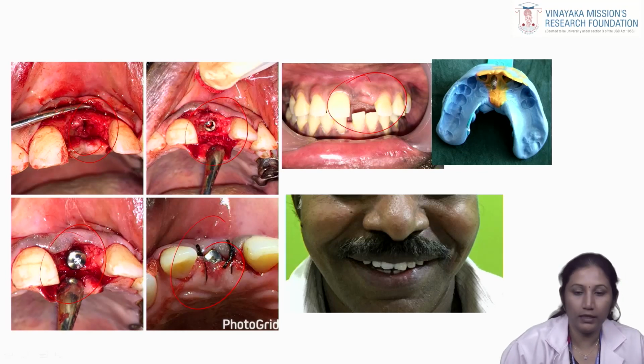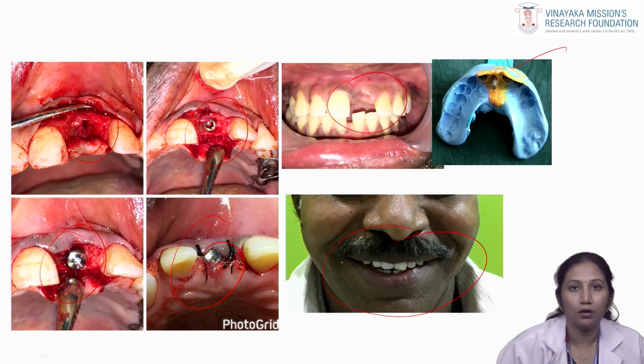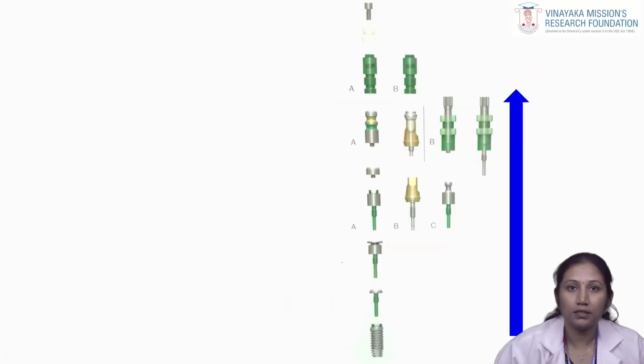Once the healing abutment is placed, the impression is made, and this is the final prosthesis of the patient. So there is a wide variety of implant components present, which often acts as a hurdle for the new dentist to operate and understand implant dentistry.